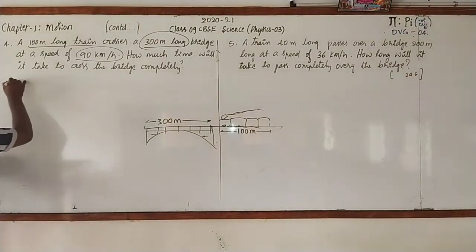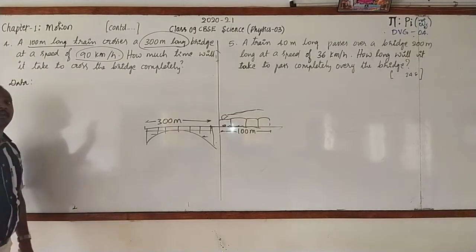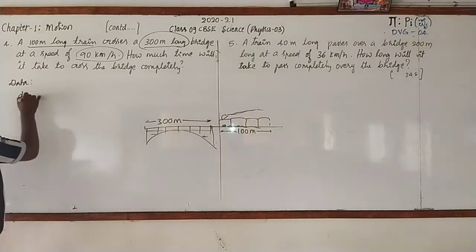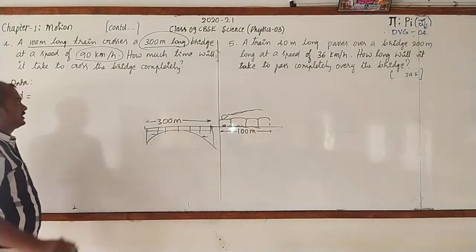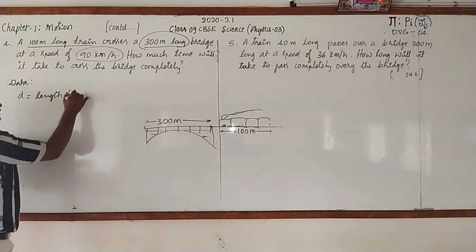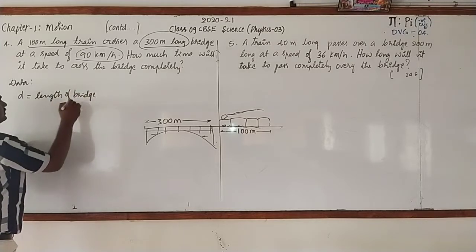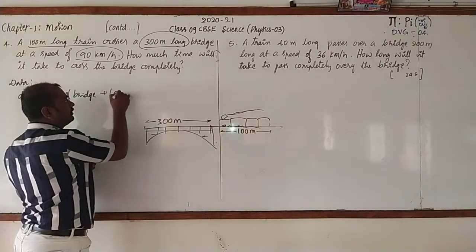Now let me go for writing the data. 100 meter long train crosses 300 meter long distance. Then could you tell what is the total distance traveled by the train? Yes, it is the length of the bridge plus what? It is the length of the train.